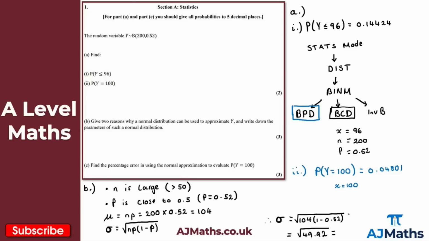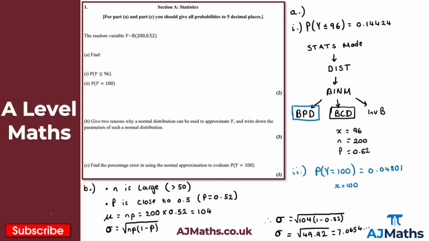So let's say we just give that to a sensible degree of accuracy here. We get 7.0654 there. Okay, I know we're running out of room a little bit here. Hopefully you can still see the parameters. So this is the standard deviation here, sigma. Obviously you could give it in its exact form as well, which we will use later for part C. Okay, so do take a note here of part B if you couldn't answer this, because we're going to need this now for part C.